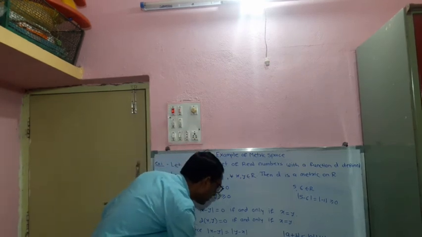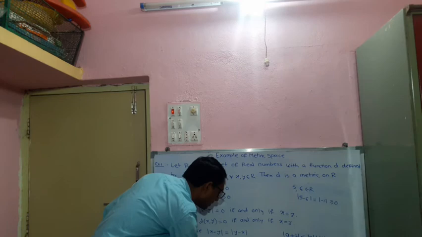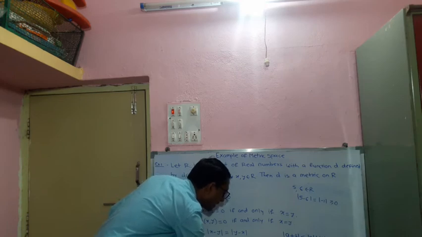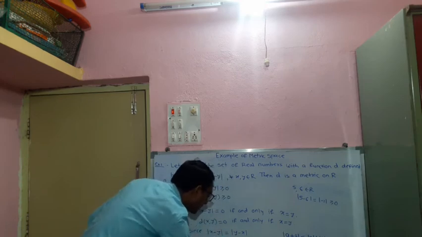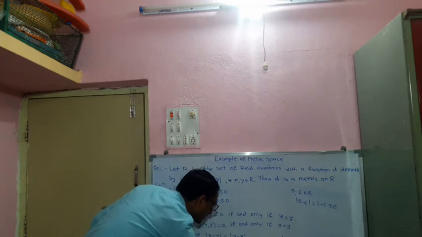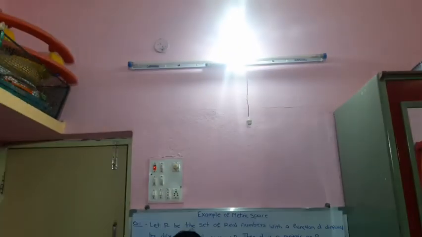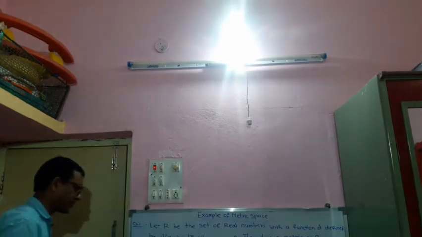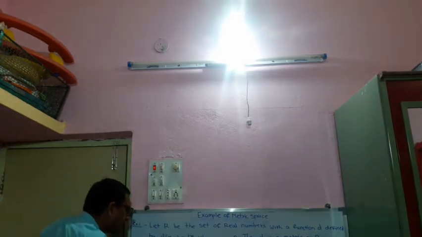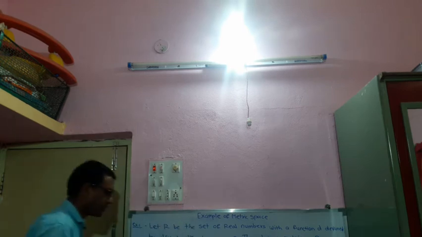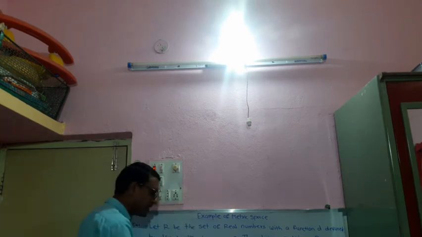Now this modulus is a sum of this real number plus this real number, and by using the modulus property, the mod of the sum of the two real numbers is less than or equal to mod of this real number plus mod of this real number. By the definition of the given function, this is nothing but d of x,y is less than or equal to d of x,z plus d of z,y. So again the triangle inequality is also satisfied.